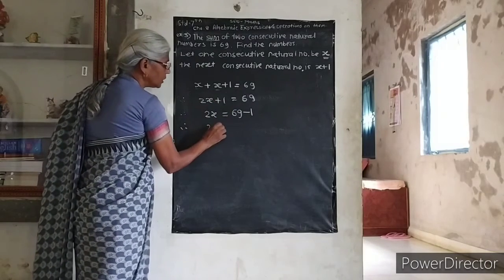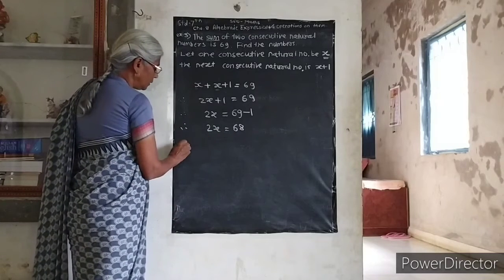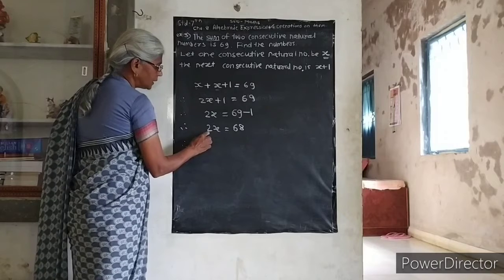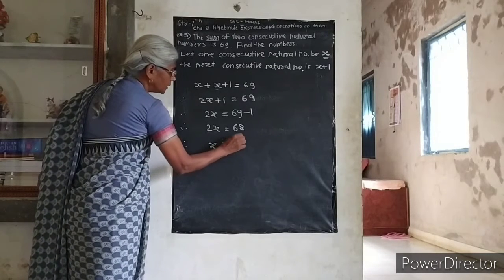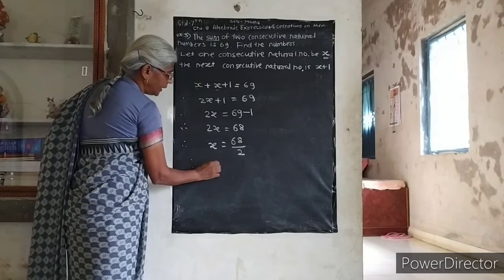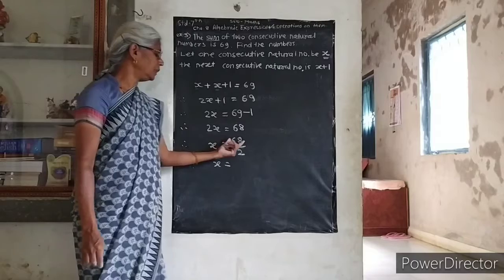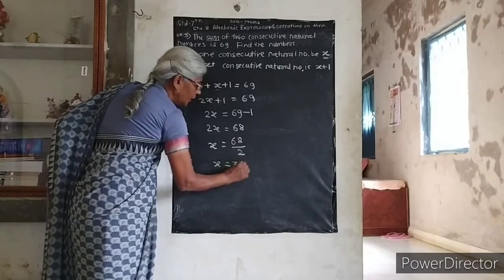Therefore, 2x is equal to 68. Then transfer the coefficient of x, which is 2. x is equal to 68 upon 2. Therefore, x is equal to 68 divided by 2. We got 34.